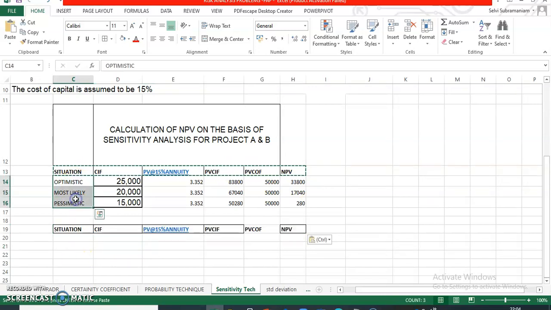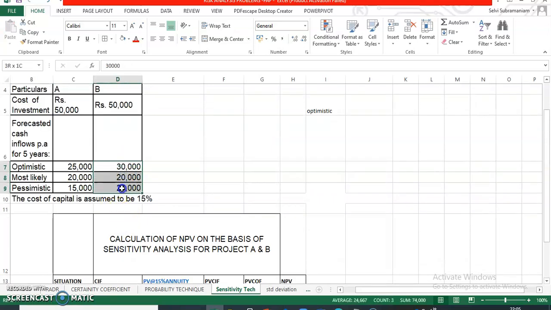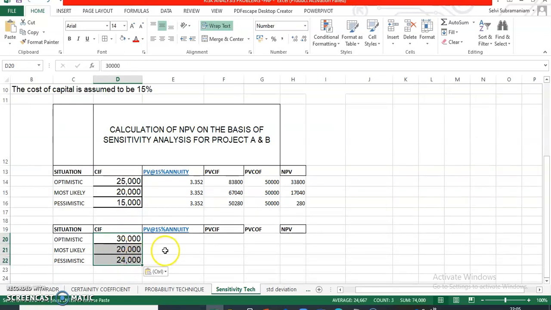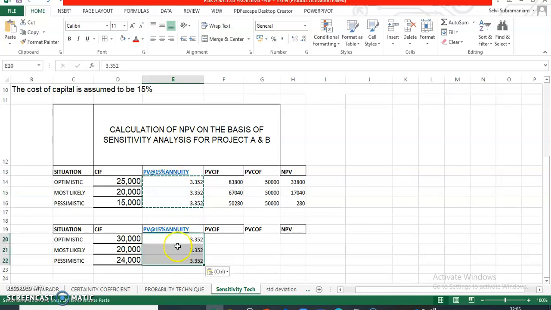This is going to be same, right? The CIF is of course different. So let's take it here. The PV of annuity, PV at the rate of 15% from the annuity table is again same.